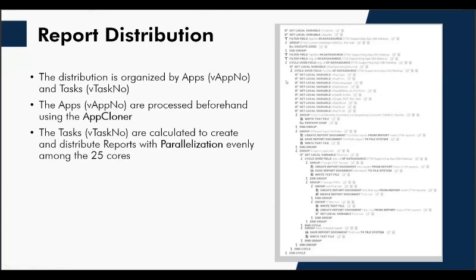So again, the script will get that intelligence from the supporting app and decide based on these settings what batch should be processed and what tasks should take what reports for the distribution to leverage this parallel processing between 25 cores.